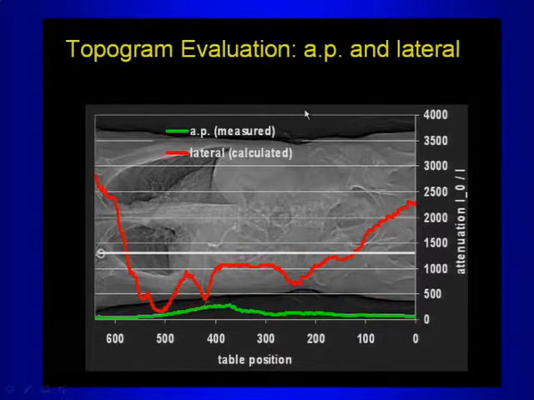So here shows how the automatic tube current modulation works in practice. I use Siemens CARE Dose as an example. First, take a topogram, and then the scanner will calculate the attenuation level both along the AP direction and the lateral direction for each slice location.